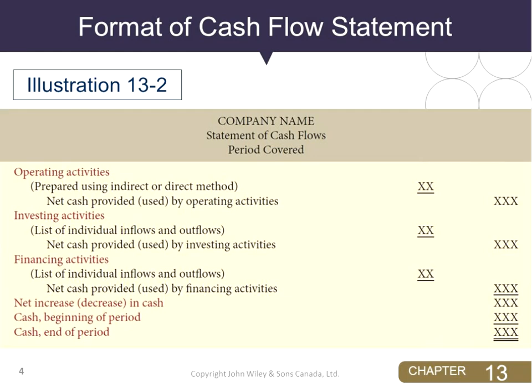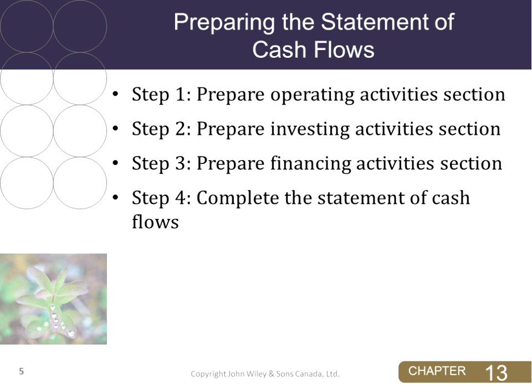And then we'll cross-check that by taking the balance of cash at the beginning of the period, and we should end up with our cash balance at the end of the period. So this is just a way for us to verify that we're correct. So our beginning cash plus the increase in cash, or minus the decrease in cash throughout the year, should produce our ending balance in our cash account.